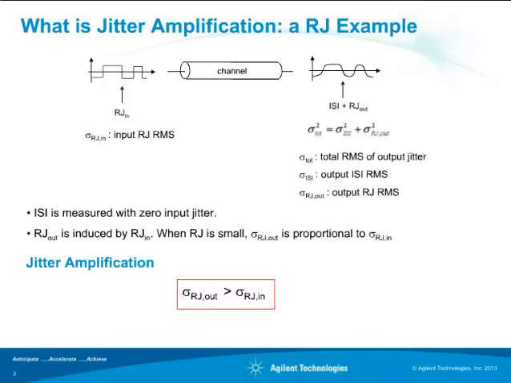So what is jitter amplification? Let's take a look at the random jitter example. Here we have a channel, and on the left is the input signal. It's a perfect square signal that represents the bit strings in the input stimulus.